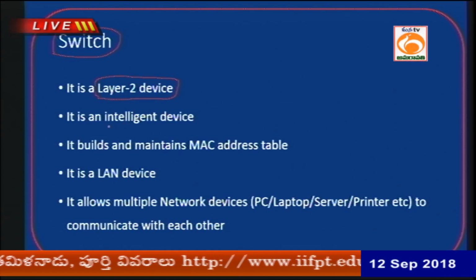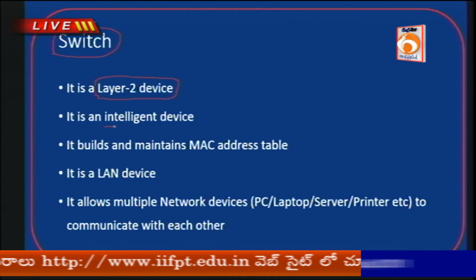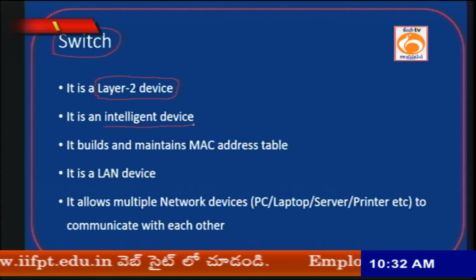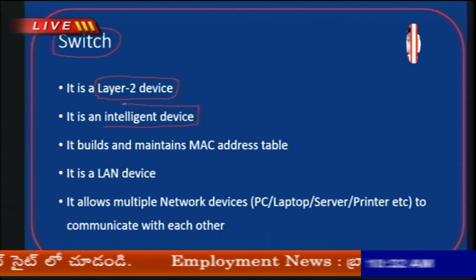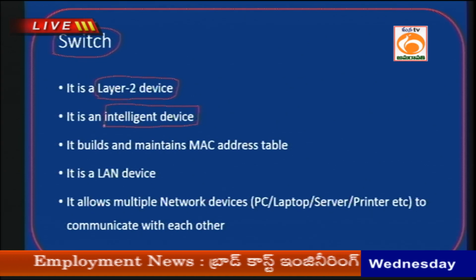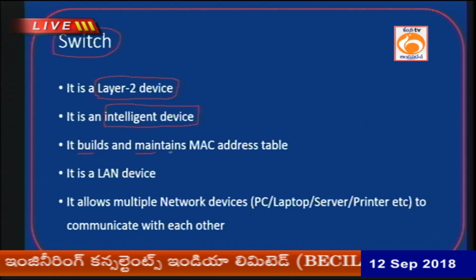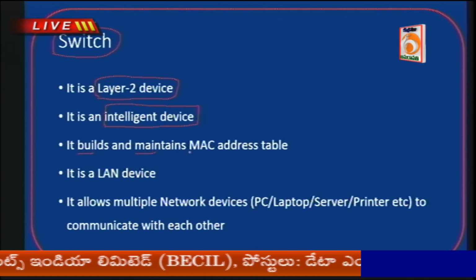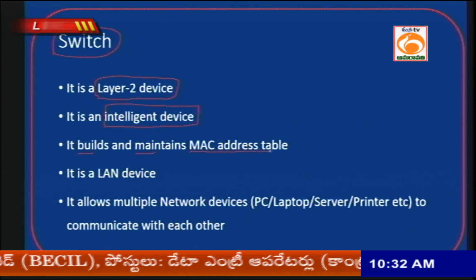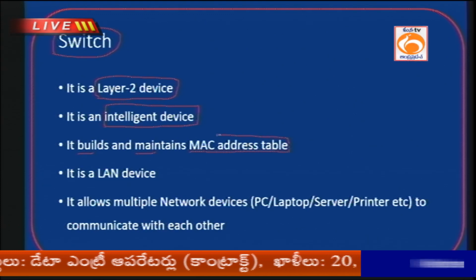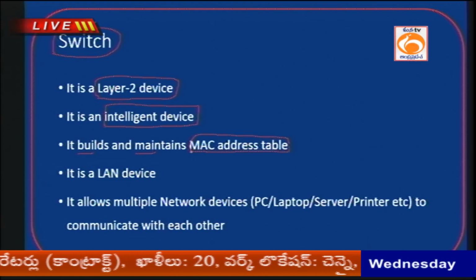And we call this an intelligent device because it builds and maintains a MAC address table. Every switch internally builds and maintains a MAC address table. We use the word builds because by default the switch does not have any information in the MAC address table.